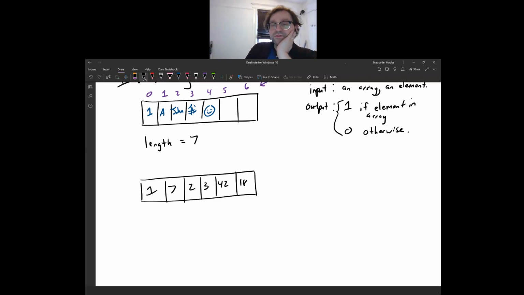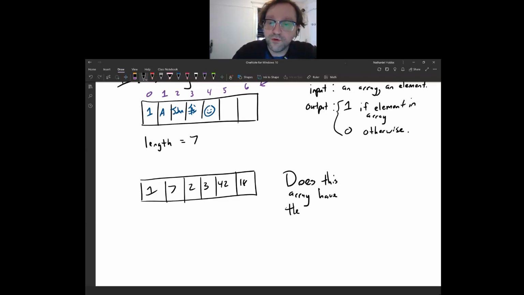Okay, here's an array of numbers, and I want to know, does this array have the number 3? So first of all, what's the answer to this question? Yes. Perfect. All right.